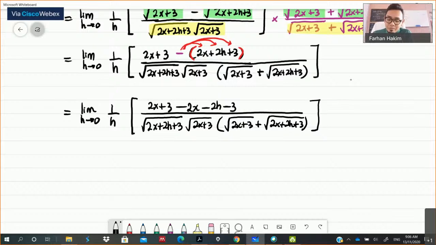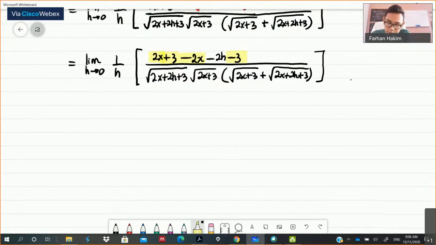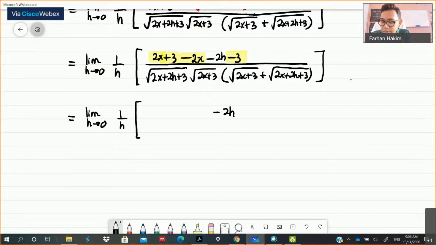Now we try to simplify the numerator. 2x minus 2x becomes 0, and 3 minus 3 becomes 0. So we are just left with the limit as h approaches 0 of 1 over h, with negative 2h at the numerator.